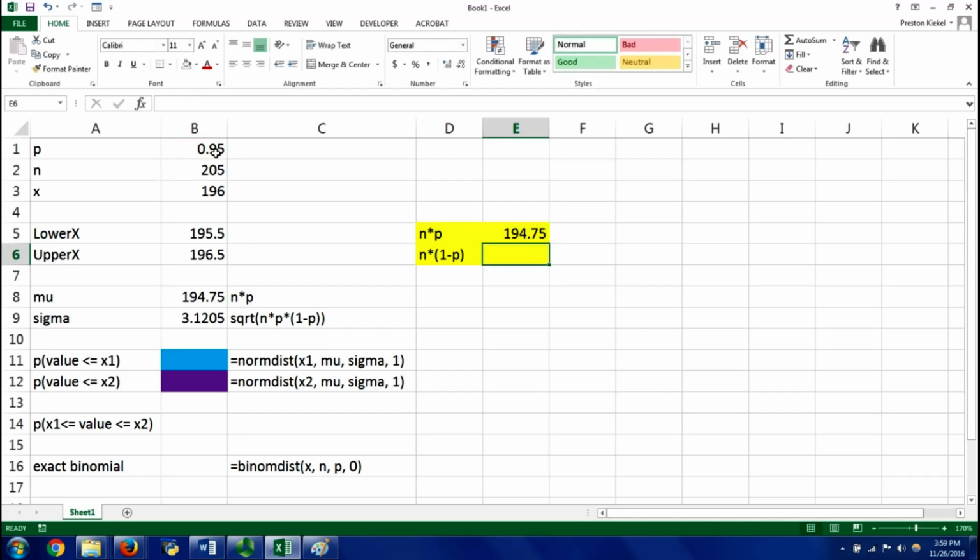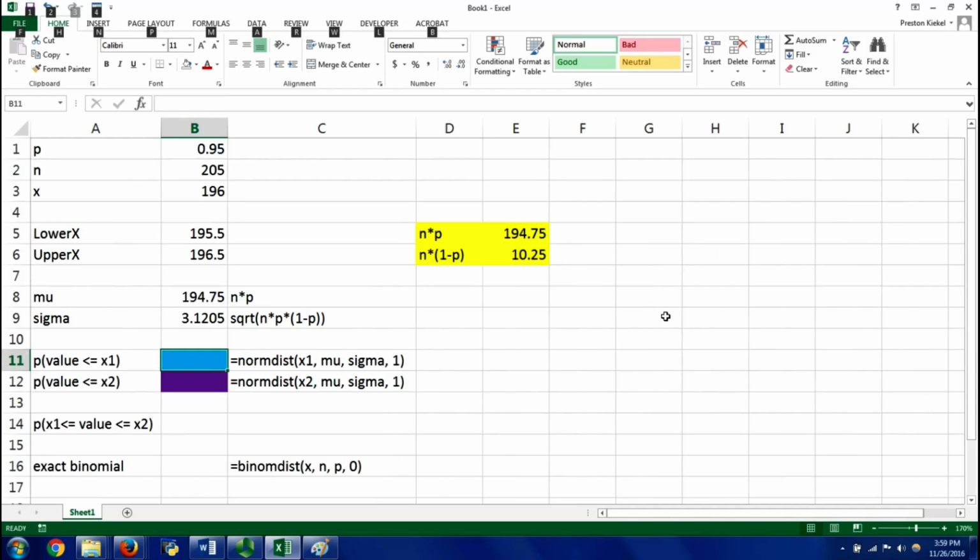Here's np, here is nq, and they're both bigger than 10. So no matter what rule of thumb you're using, this is good enough. That tells me I can use the normal to approximate the binomial. It will look pretty good, and I'm going to check and confirm that now.